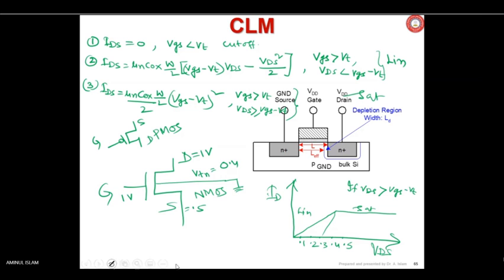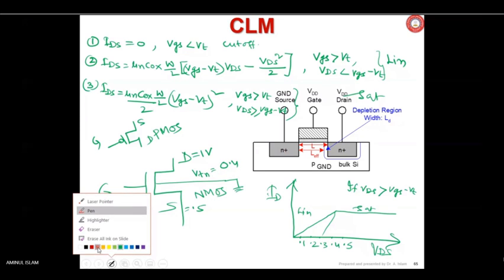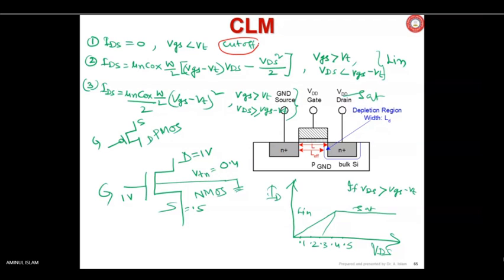We have 3 regions, as I have pointed out. One is the cutoff region. Another is the linear region, which is also called triode region, resistive region, unsaturated region, and ohmic region.